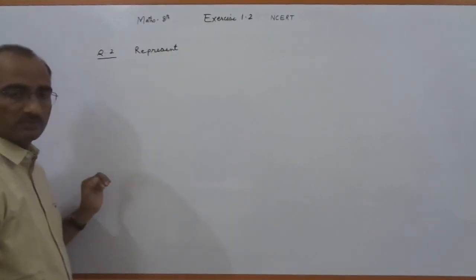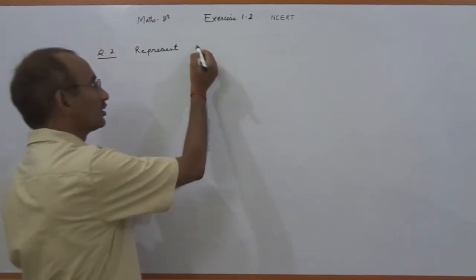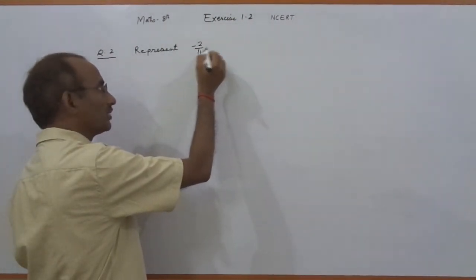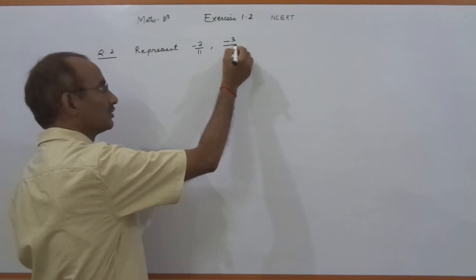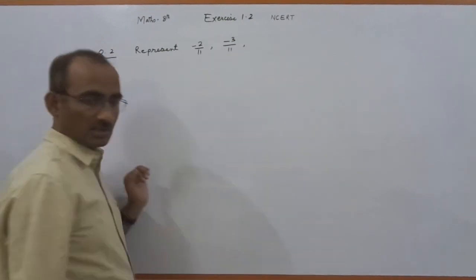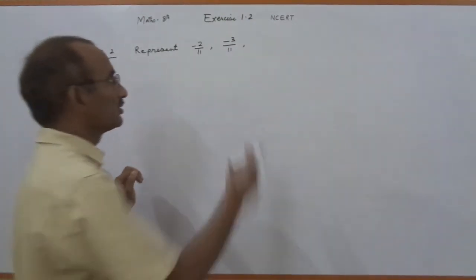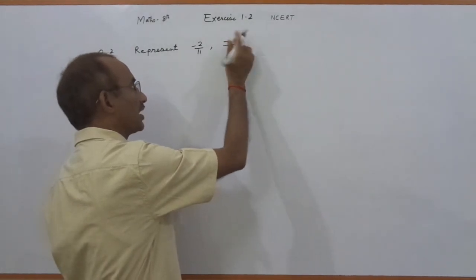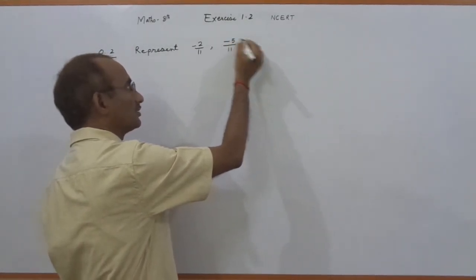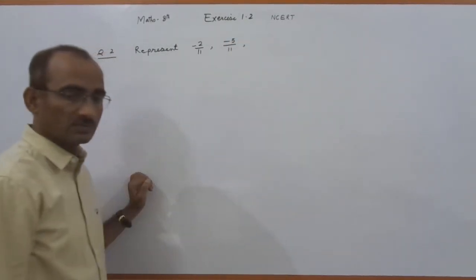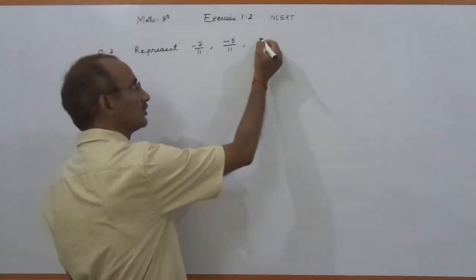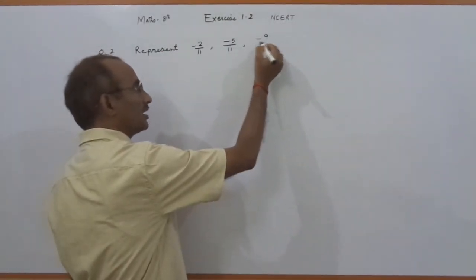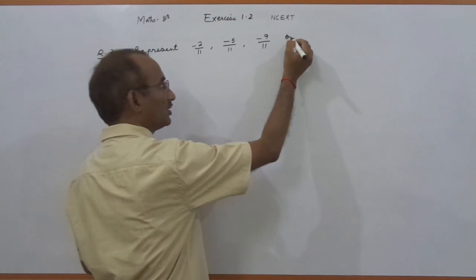Represent minus 2 upon 11, minus 5 upon 11, and minus 9 upon 11 on the number line.